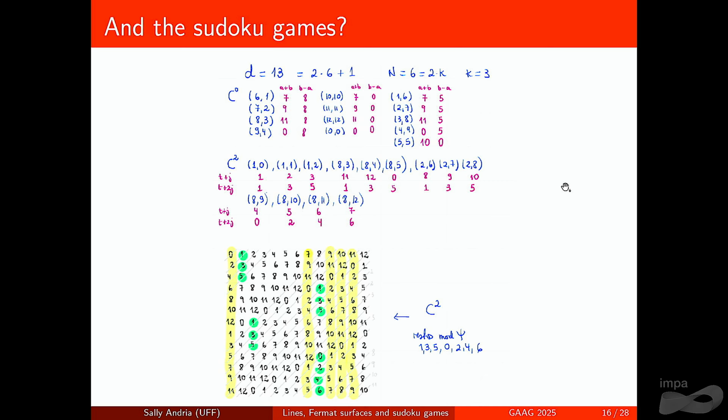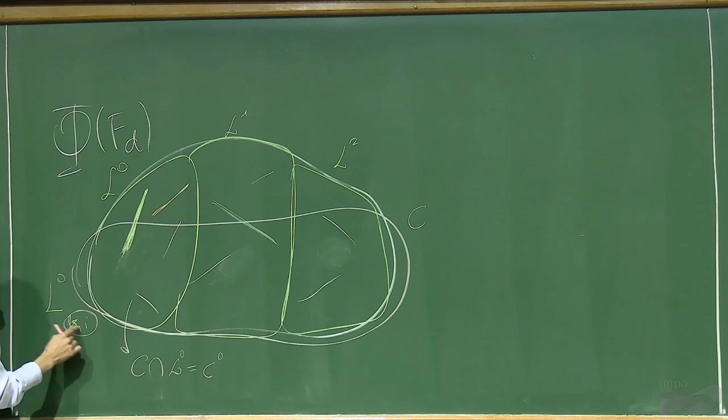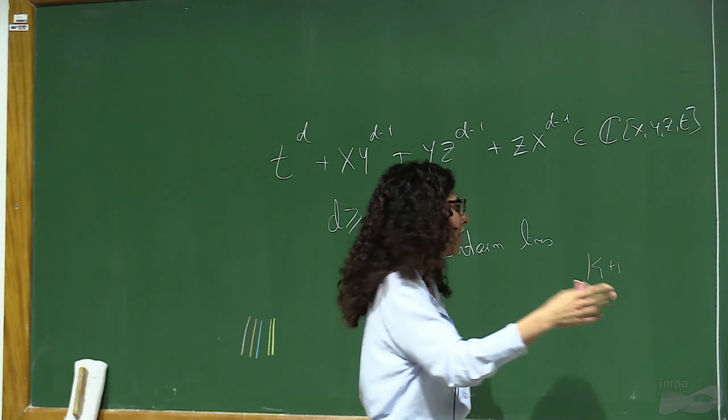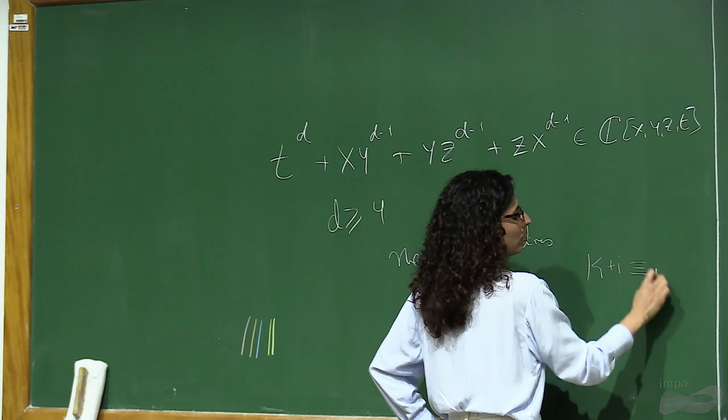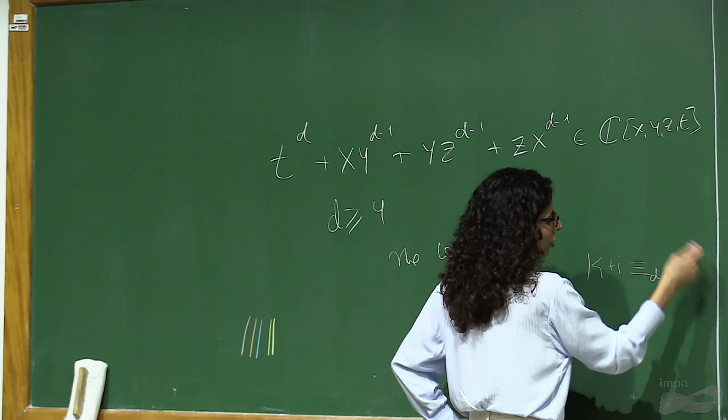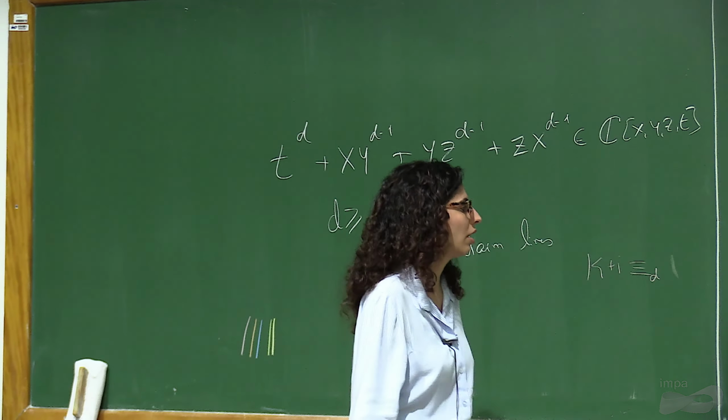So we studied these things to calculate. And in the proposition, you saw that we look at these coefficients, and we look at the sum of them, congruence modulo d, with another coefficient.